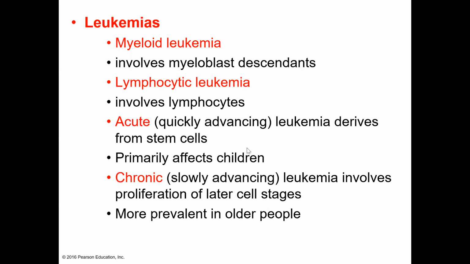The types of leukemias are myeloid leukemia and lymphocytic leukemia. And these two types can be either acute, which is quickly advancing, or chronic, which is slowly advancing. By the way, the chronic, slowly advancing leukemias are less harmful than the acute.